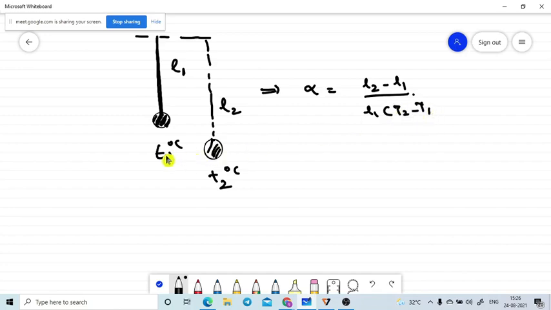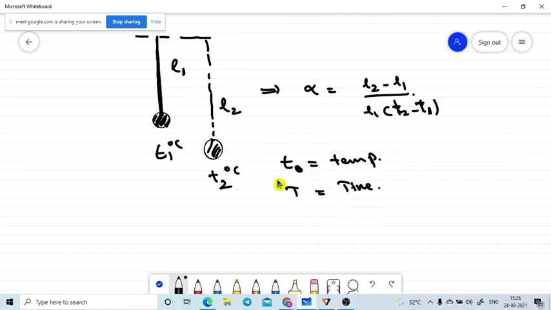It is better to use small t for temperature, because capital T is used for the time period. Take care about this only for this problem. So small t represents the temperature, capital T represents the time period.